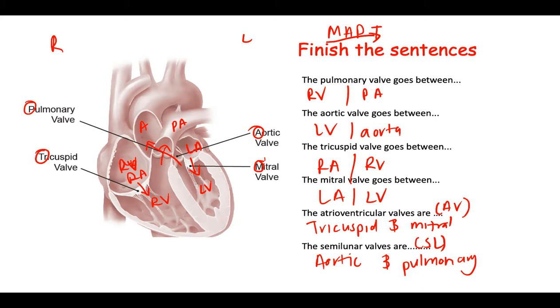We've got our tricuspid and we've got our mitral. And atrioventricular we're going to call AV valves for short. Semilunar valves go between a chamber and outside the heart, so that includes our aortic and our pulmonary.